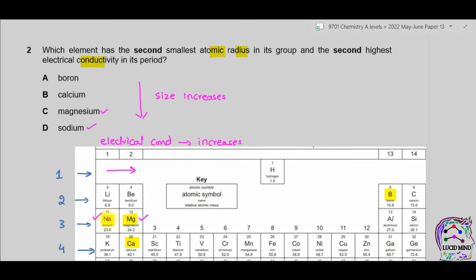Now sodium has got one electron in its outermost shell and it can lose one electron to form Na+, while magnesium can lose two electrons to form Mg2+. So therefore magnesium has got more electrons in the conduction shell, so magnesium is a better conductor as compared to sodium. So the correct answer should be C.